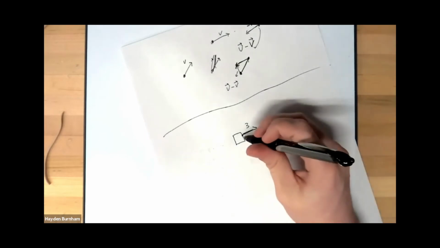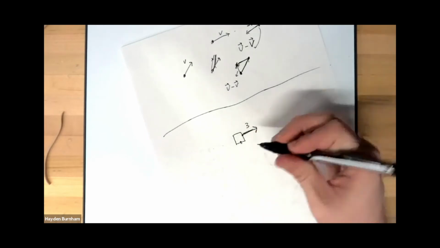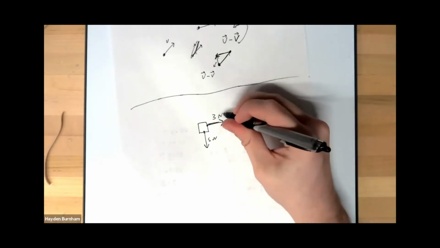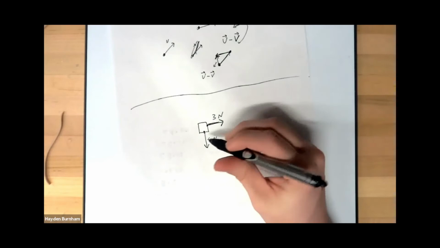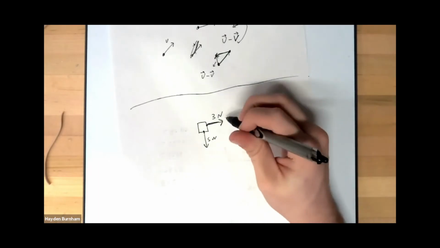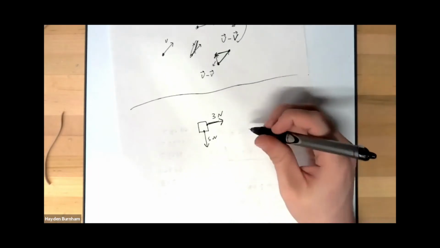Well, someone else comes along and puts another force on that box, let's say 5 newtons, but this force is in the downward direction. But you still have the 3 newton force that's pushing it, let's say right. So what will happen is the total force vector is you would add these two together, right?